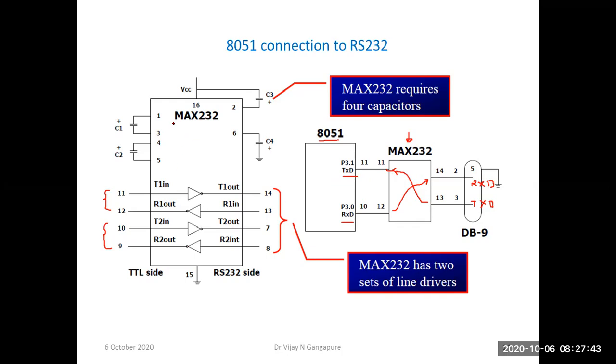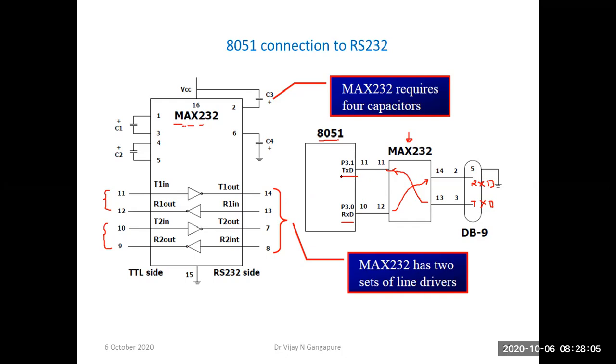In this way a single MAX232 chip allows interfacing of two sets of data terminal equipments. That is the way we can connect the 8051 serial port with the RS232 port of a PC or any other data terminal equipment or device.